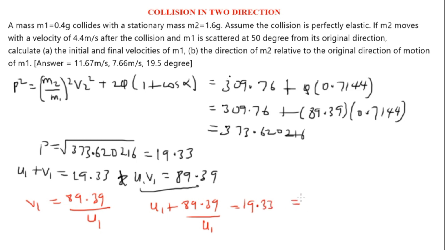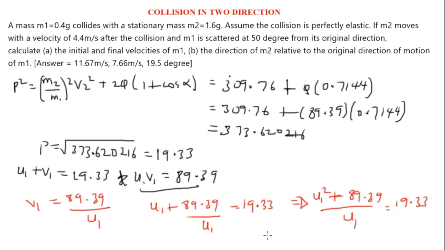If I find the LCM in this case, I will have u1 squared plus 89.39 all over u1, and that's supposed to be equal to 19.33.